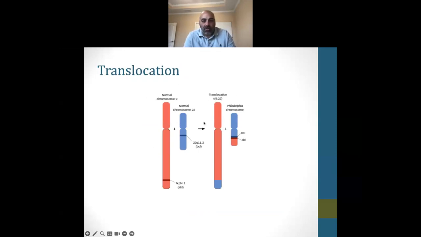Here's translocation, that's the Philadelphia gene, where 9 and 22 swap, and the specific leukemia is CML, which is chronic myelogenous leukemia. There are four leukemias: AML, ALL, CML, CLL. CML, I believe, strikes around the 40 to 60 age range.